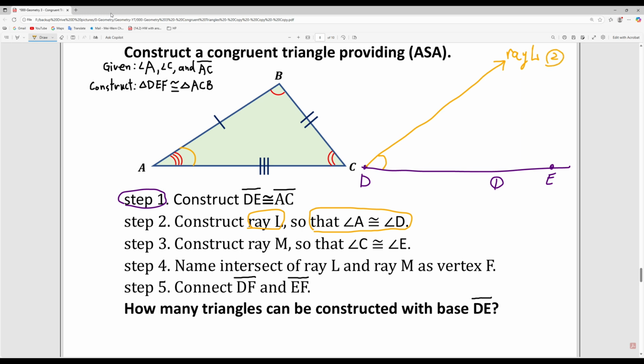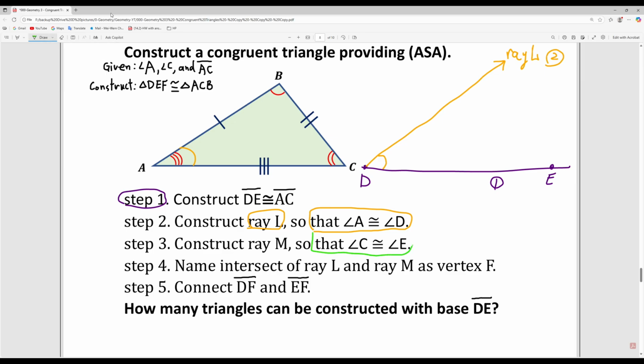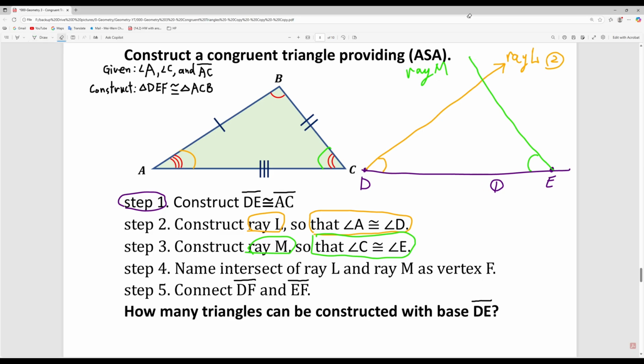And then we want to construct angle C equals to angle E. So from angle E, we construct angle C equals to angle E, and this we call ray M. So this is step 3.